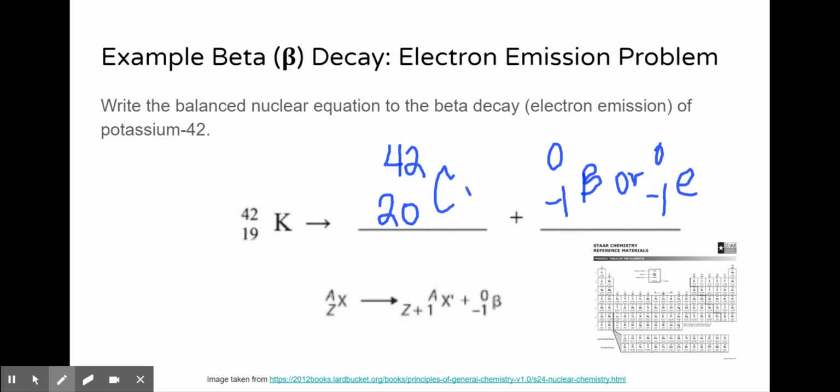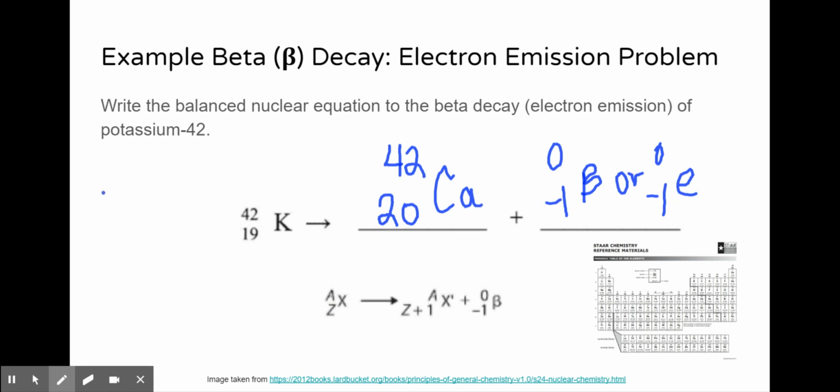So calcium from the periodic table should be the next element one up that's gained a proton. And I know this is a little tricky. Students sometimes have a hard time wrapping their head around the 42, the mass number, staying the same when I've had a change of neutrons and protons.